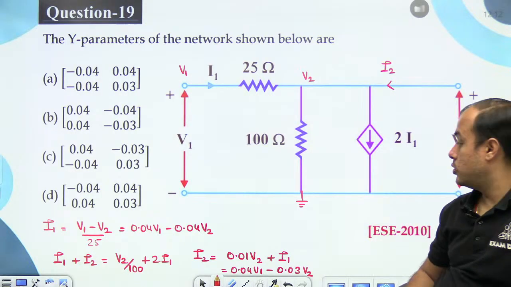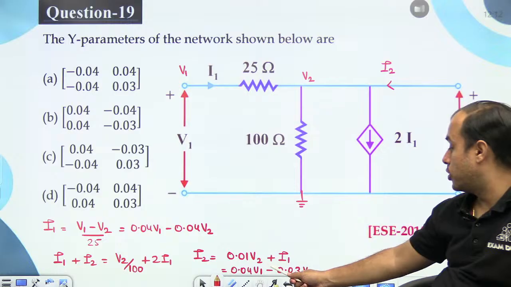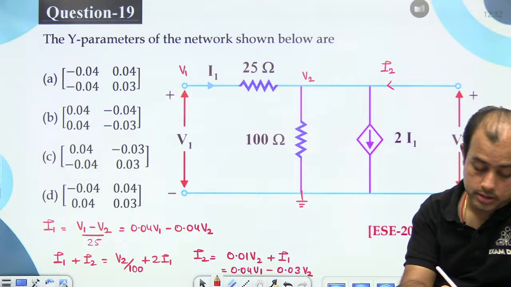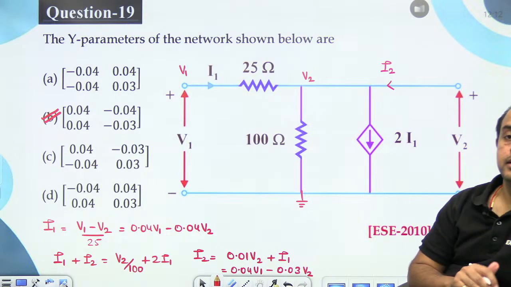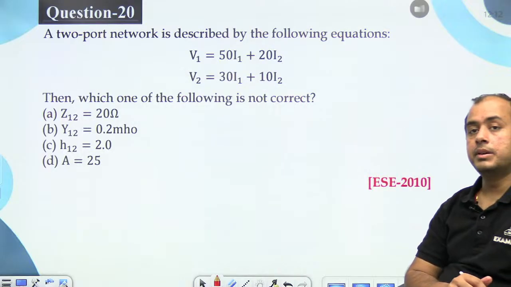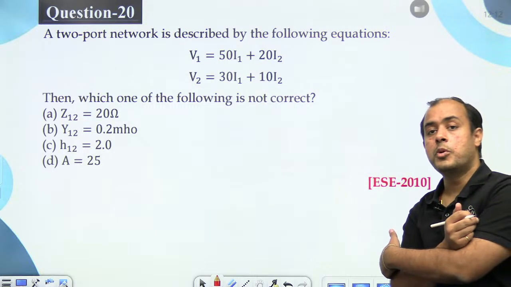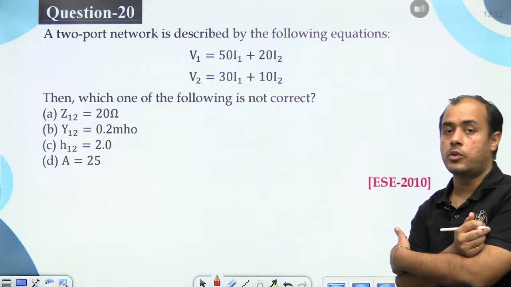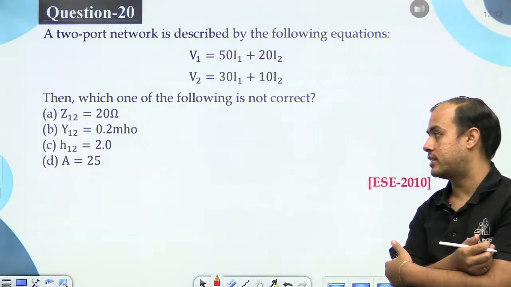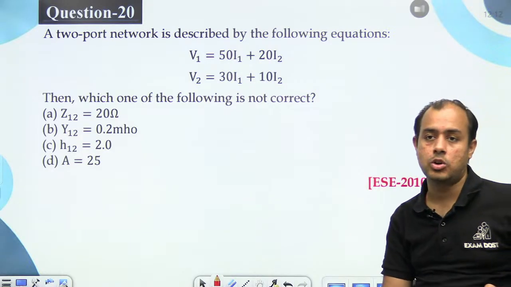So this is the value: 0.04, minus 0.04, 0.04, minus 0.03. The answer will be B. Simple. Next, a two-port network is described by the following equation, which is not correct.